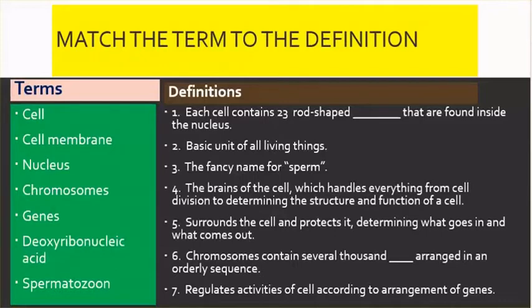Number 6, chromosomes contain several thousand blank, arranged in an orderly sequence. Number 7, regulates activities of cell according to arrangement of genes.